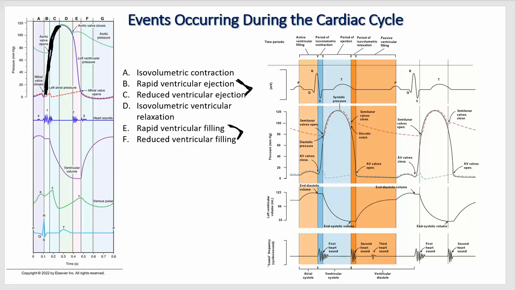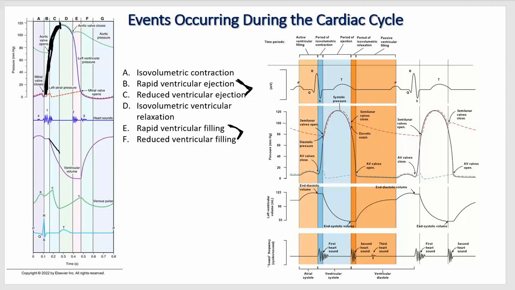So we said it fills, it reaches the end diastolic volume, and then it starts isovolumetric relaxation. Yeah, so that was isovolumetric contraction, rapid. Oh, it squeezed the blood out.